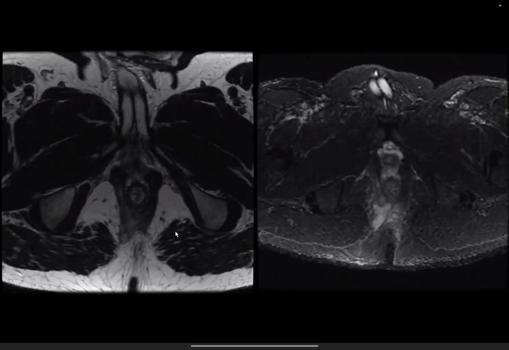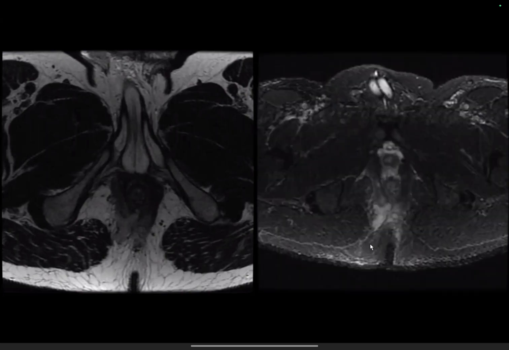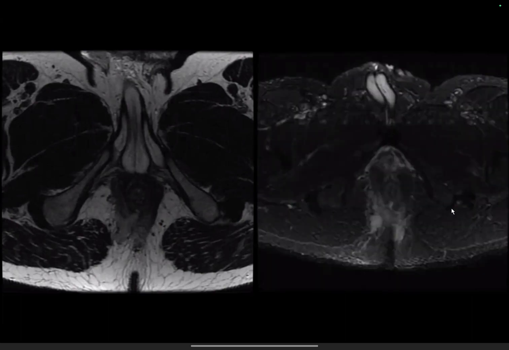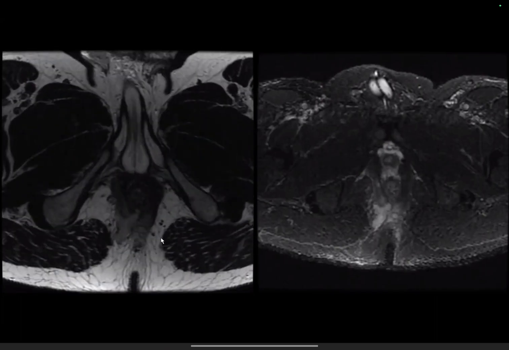Yes, no? Yes, sir. Okay, perfect. The next question is, what type of fistula do you think this is? The four choices are intersphincteric, transsphincteric, extrasphincteric, or suprasphincteric.